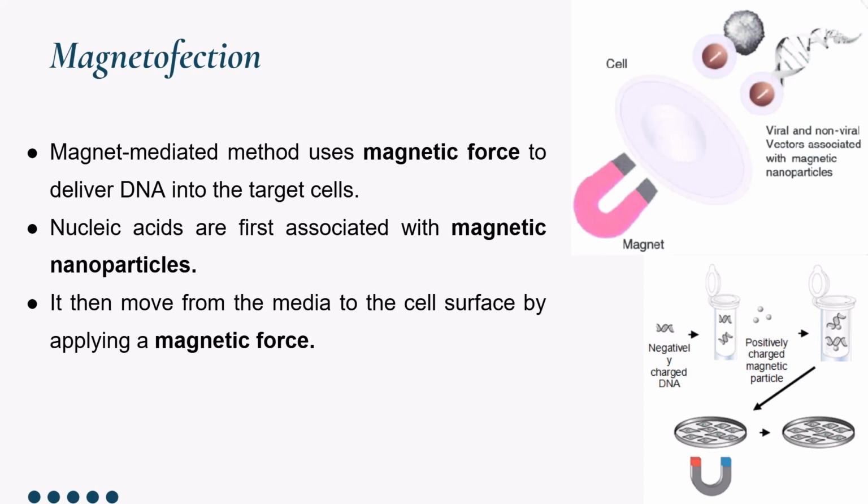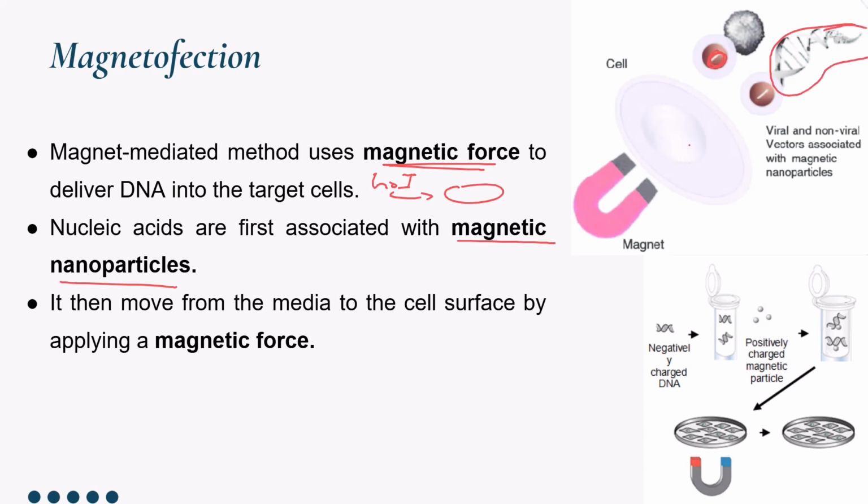So in magnetofection, we use magnetic force to deliver the genetic material. Magnetic force is used to deliver the target gene of interest into the cell. So here the nucleic acids are first associated with magnetic nanoparticles. So there we have this round thing, the magnetic nanoparticles, and we will attach the nucleic acid to the magnetic nanoparticle.